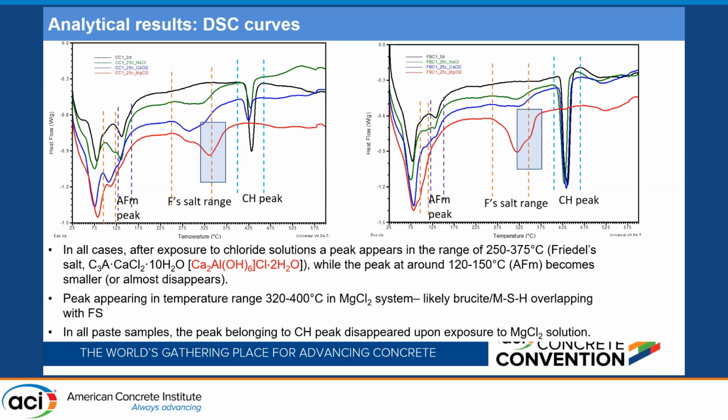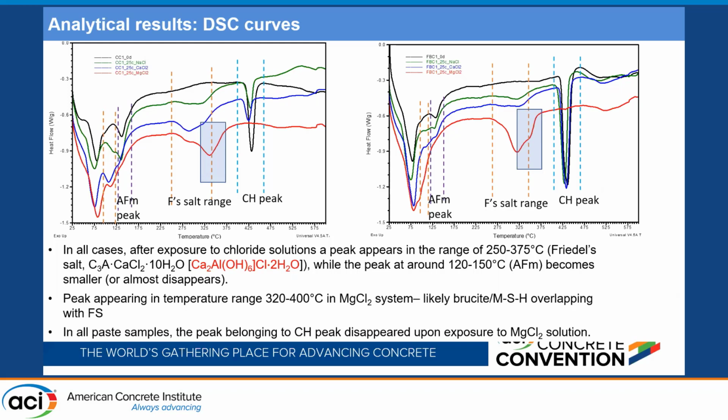If we talk first about the left-hand side graph, you can see that after exposure to the chloride solutions, the black one is before exposure and the others are after exposure to sodium chloride, calcium chloride, and magnesium chloride solutions, respectively. In this range, we see the appearance of new peaks.